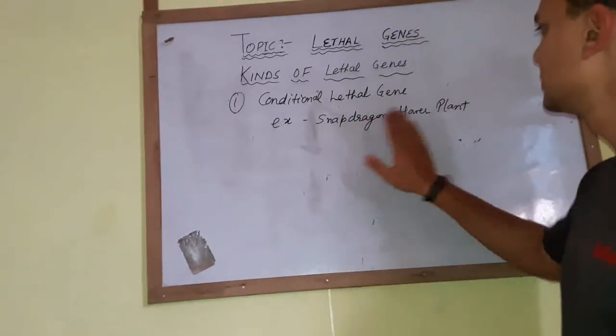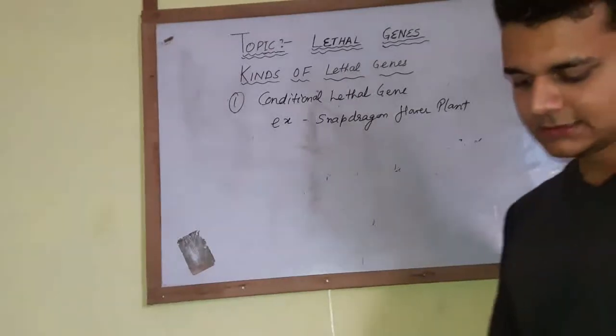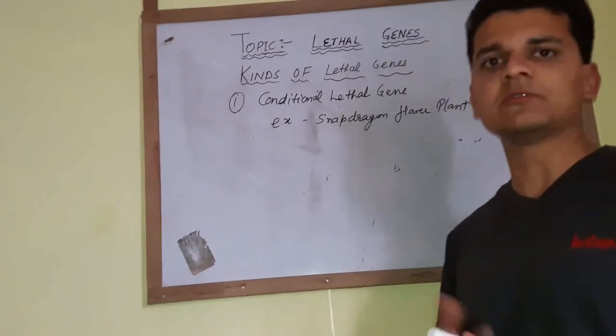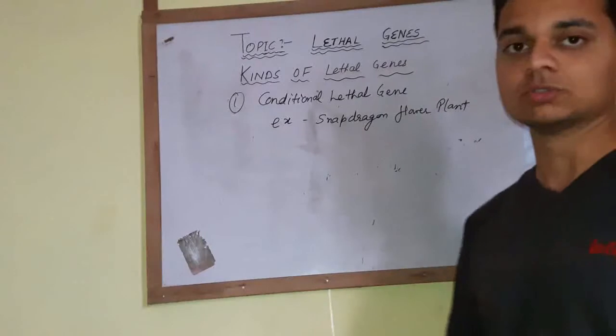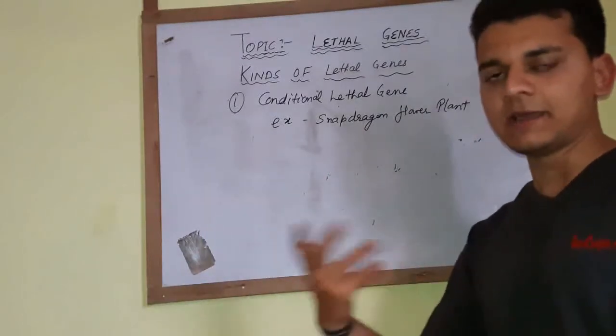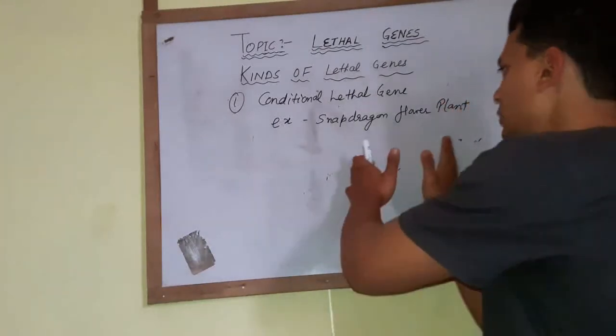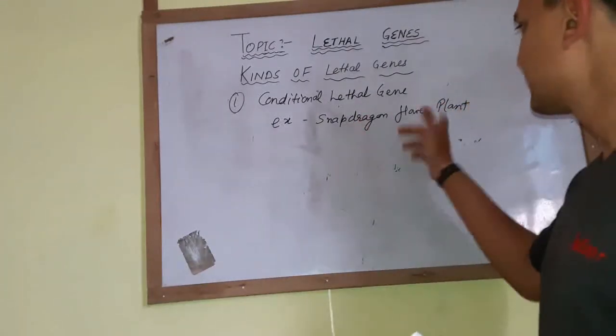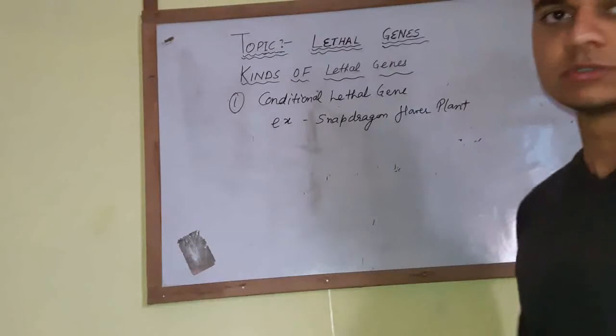In this case, it is a little conditional type of lethality that this plant shows. When I give certain examples, then I will tell what type of lethality this plant shows.